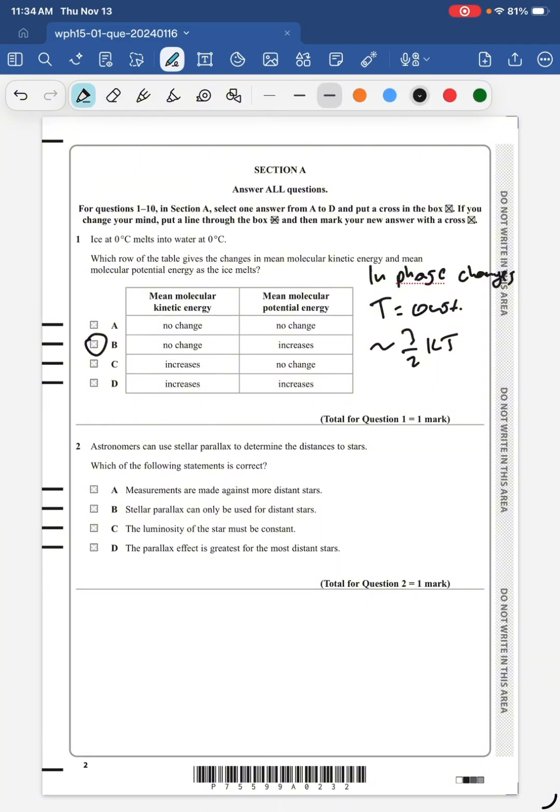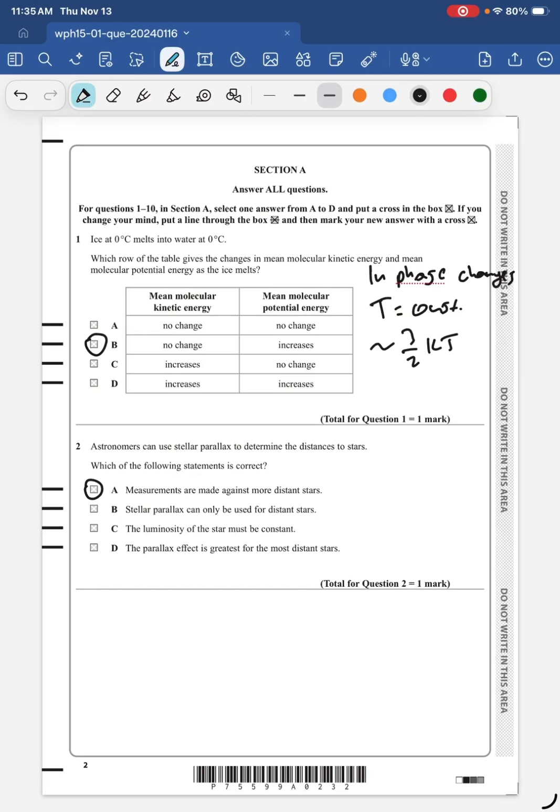Question 2. Astronomers can use stellar parallax to determine the distances to stars. Which of the following statements is correct? Measurements are made against more distant stars, which is actually the answer. There is no reason to go over the other options, but let's go quickly.